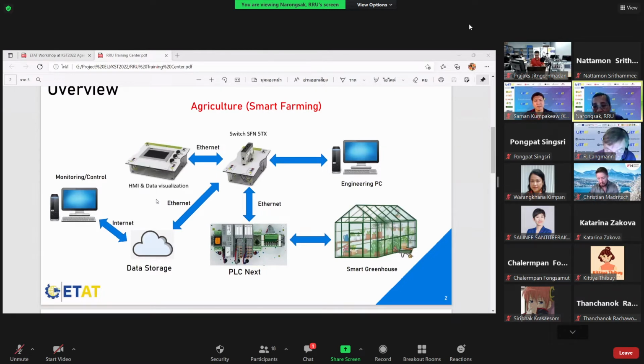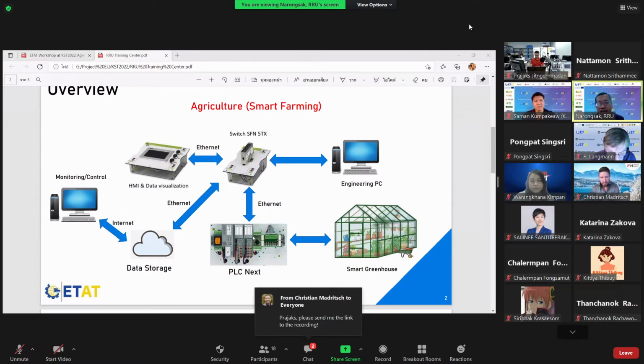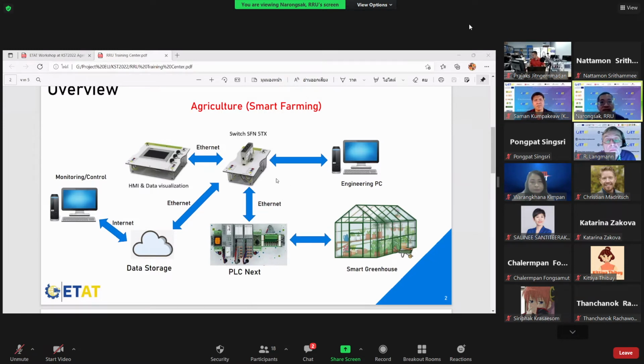We use it to detect the development of a smart greenhouse, such as the temperature and lighting. We also use a PLC Next to detect and send data to the cloud, and to control the temperature or light suitable for the smart greenhouse.